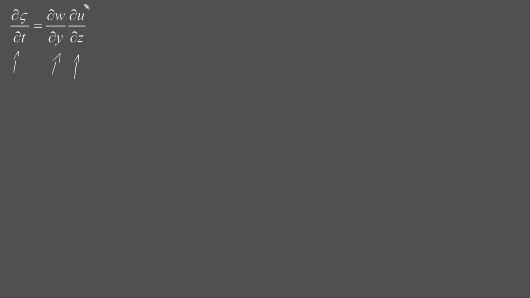So if this one is positive and this one is positive, this means that the local change of vertical vorticity over time is going to be positive as well. Conversely, if, for example, dw dy is positive and du dz is negative, then the result here will be negative, which means that there's going to be negative vertical vorticity.